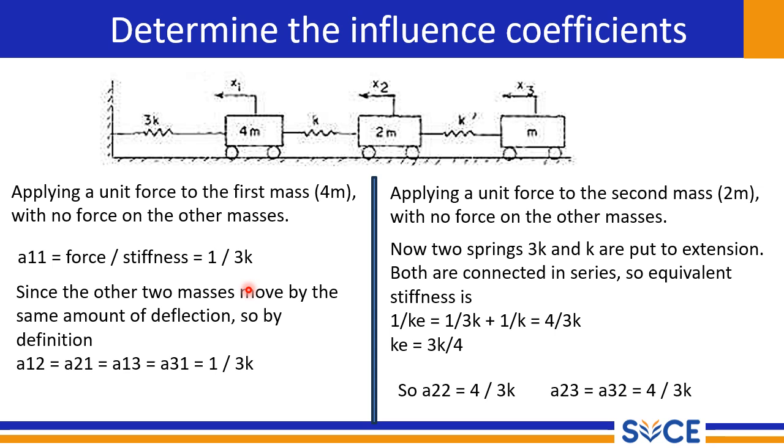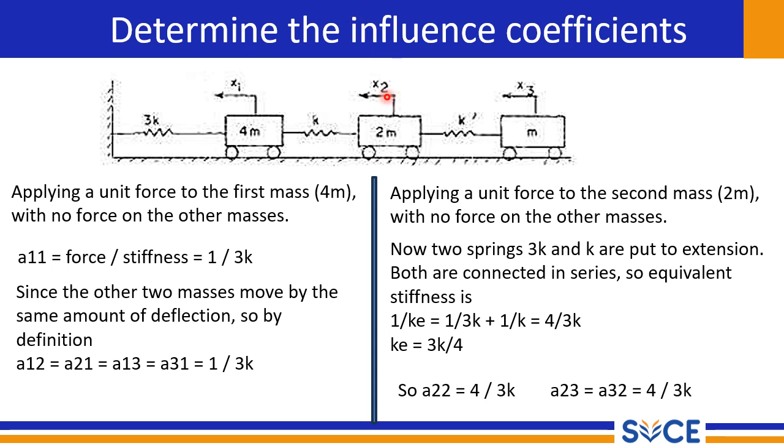Since the other masses move by the same deflection, by definition of influence coefficient we can see that A12 as well as A21, A13, A31 are also equal to 1 by 3k. Why? What is A12? We are applying the unit force at mass 1 itself and looking at the deflection of mass 2.